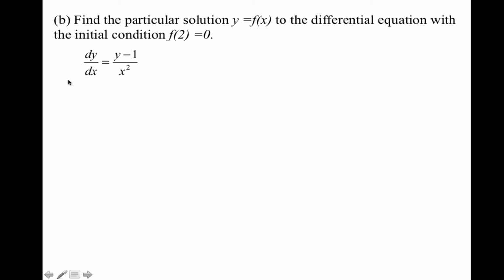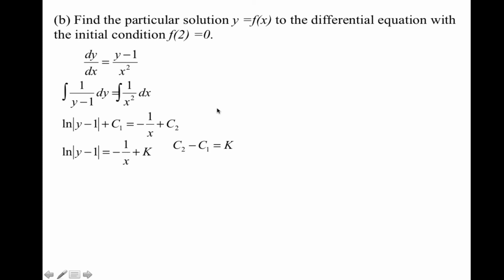So cross multiply and divide so that I get y's on one side and x's on the other. I'm going to integrate. And after integrating, I get the natural log of the absolute value of y minus 1 plus c sub 1 equal to negative 1 over x plus c sub 2. Subtract the constants, so I have one constant k.